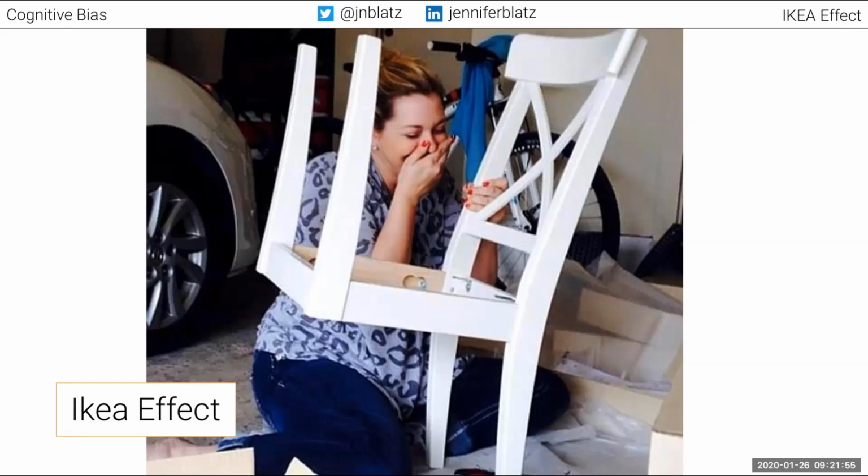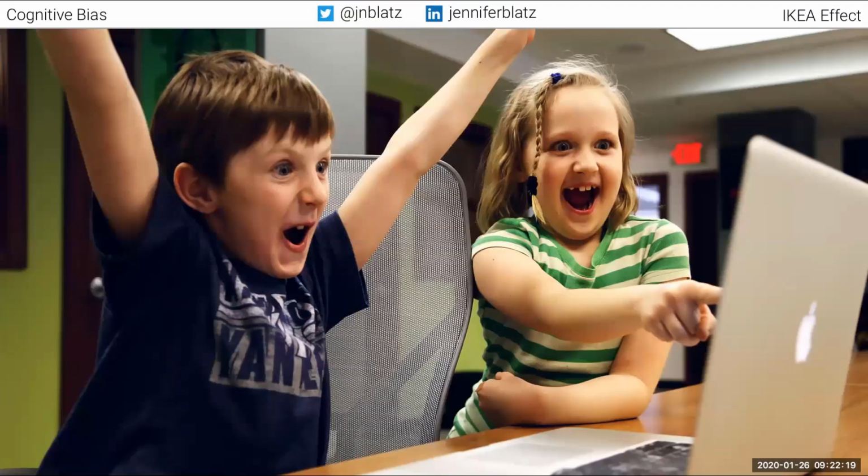The Ikea effect is the tendency for people to place high value on objects they partially assembled themselves, just like furniture from Ikea, regardless of the quality or the end result. So why is this a thing? People have an emotional investment when they build something from their own blood, sweat, and tears. So how does this affect user experience design?